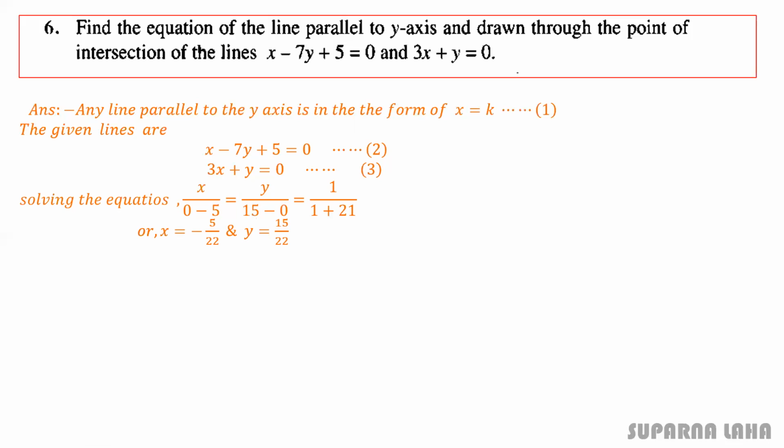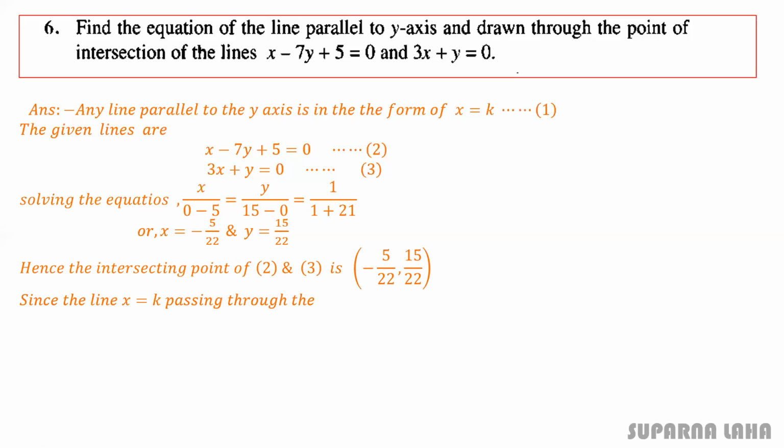Now the given line, line x equals k, is passing through this intersecting point, that is the point (minus 5 by 22, 15 by 22). Since it is passing through this point, we can say that the value of k is equal to minus 5 by 22, right?